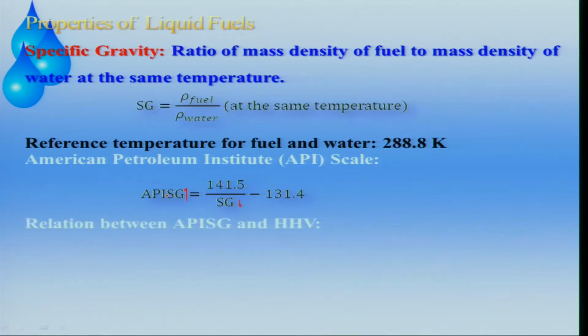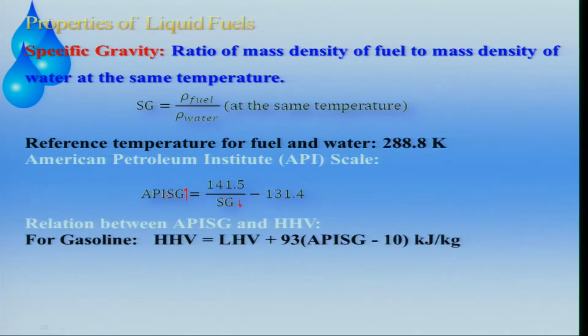And as I told you, this specific gravity can be connected to the heating value of the fuel, because the number of molecules and their weight will be deciding it. Therefore, the specific gravity, that is the American Petroleum Institute scale, can be related to the heating value.